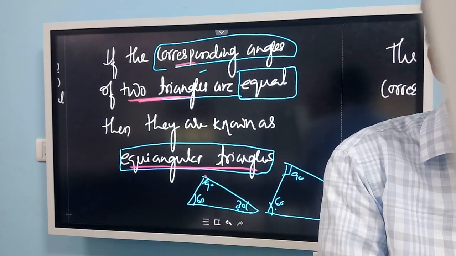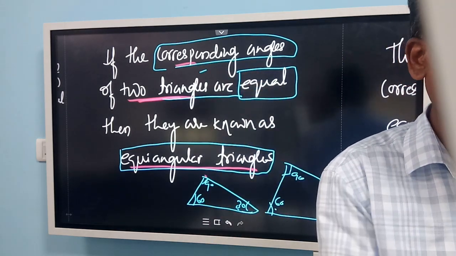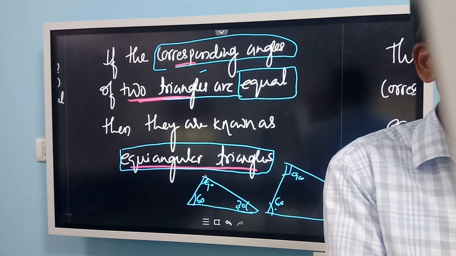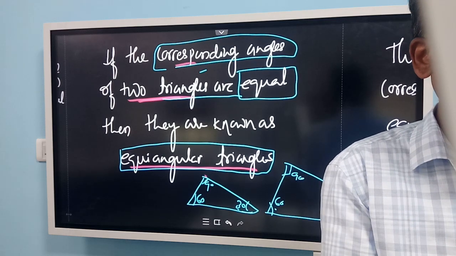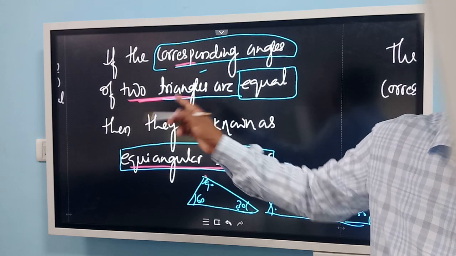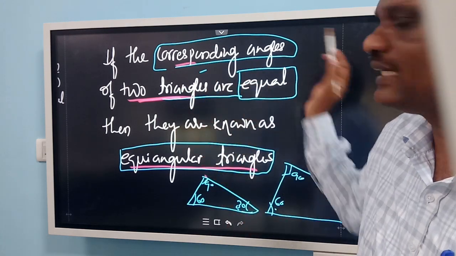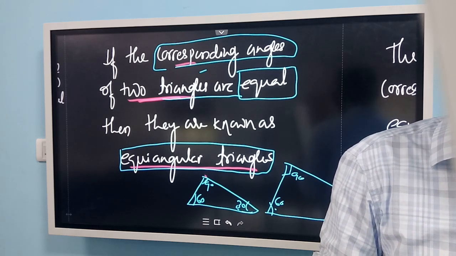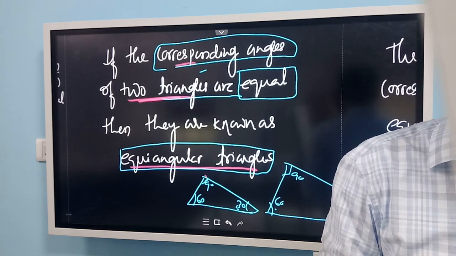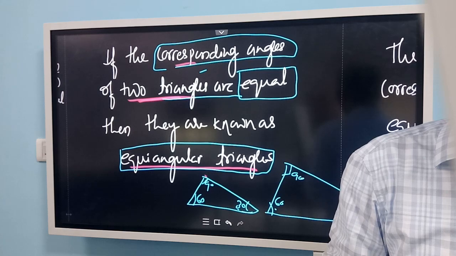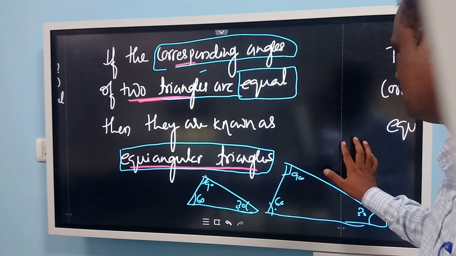In the same triangle, in a single triangle, equiangular means all the three angles are equal. But here we are taking two triangles. Two triangles are equiangular if they have the corresponding angles equal in measure. So such triangles are called as equiangular triangles.